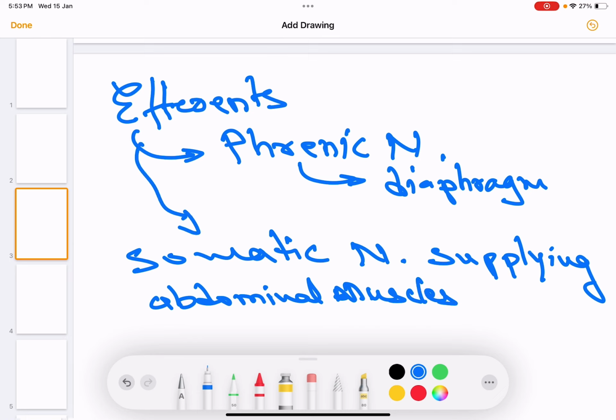So these are the two efferents: phrenic nerve and somatic nerves supplying abdominal muscles.